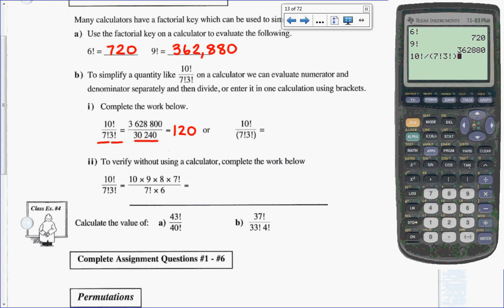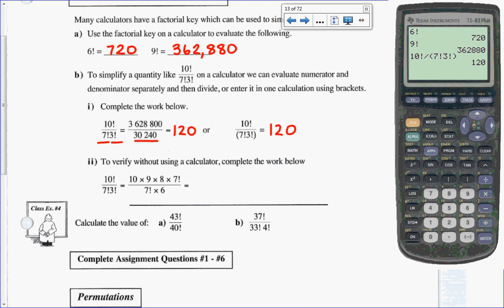Make sure you close your bracket so that it sees the whole 7 factorial times 3 factorial as one value. Then when you hit enter, it gives you the same answer we came up with doing numerator, then denominator, then dividing. So you can do it either way, whichever you prefer.